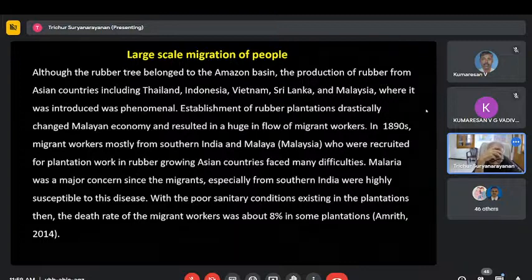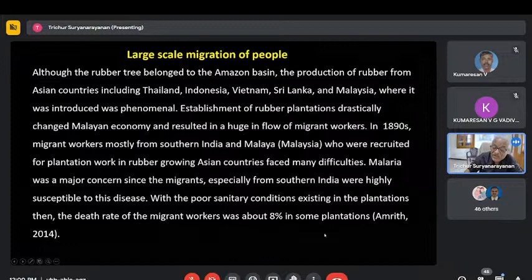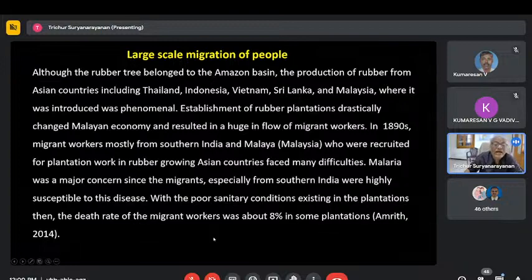Malaria is not clear, but many people, especially from Tamil Nadu, who migrated to Malaysia, died of malaria. They were highly susceptible to the disease. Then there were poor sanitary conditions in the plantations. The death rate of the migrant workers was very high, 8% in some plantations.